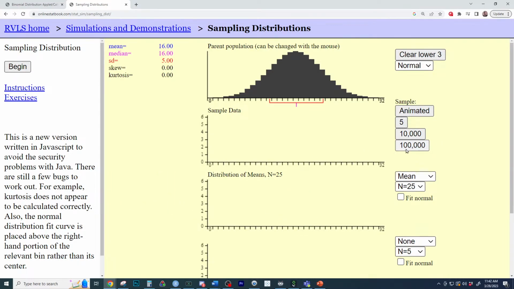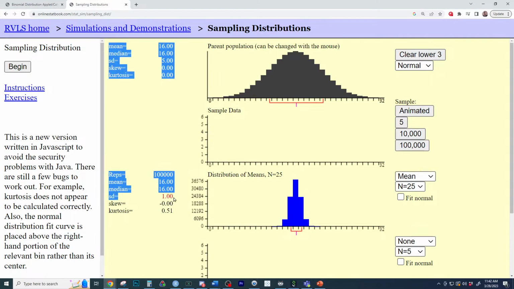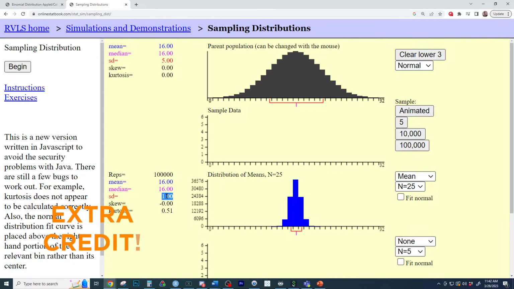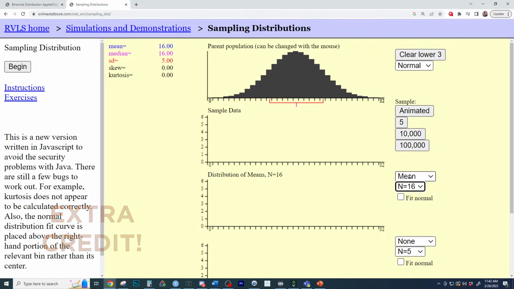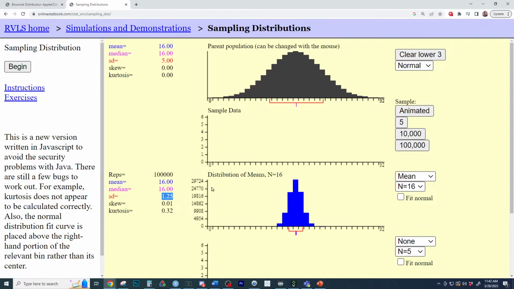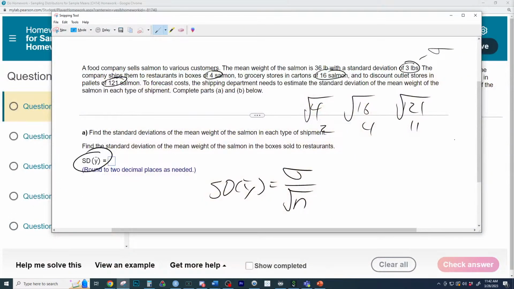And that's because the standard deviation over here is getting smaller by a factor of the square root of n. So it was originally 5, but 5 divided by square root of 25 is 1. With 16, it's 5 divided by square root of 16, which is 4, which is 1.25. Now the mean stays the same.